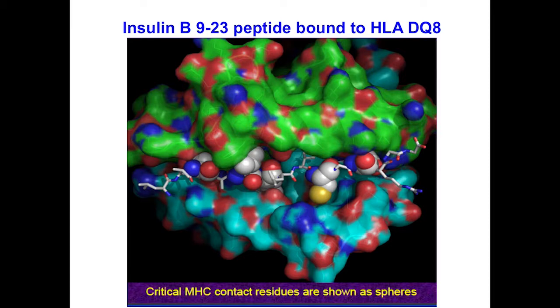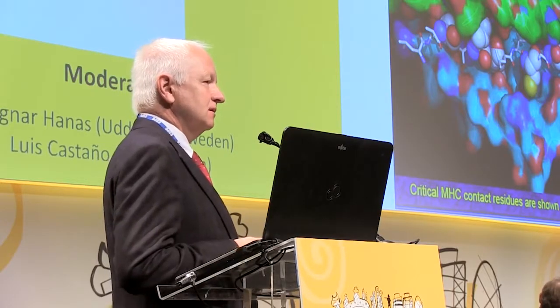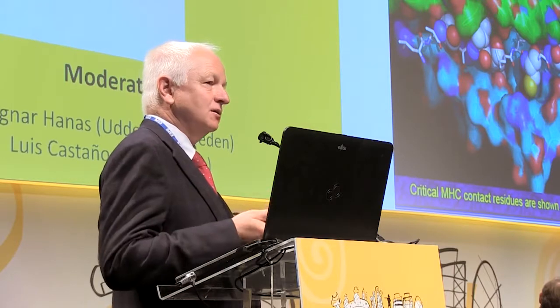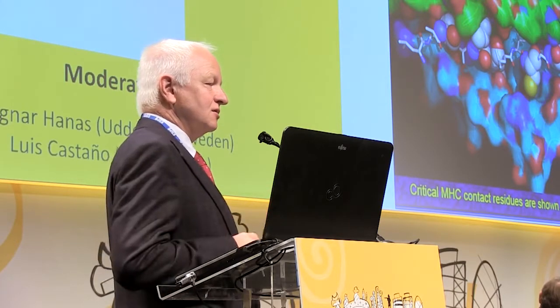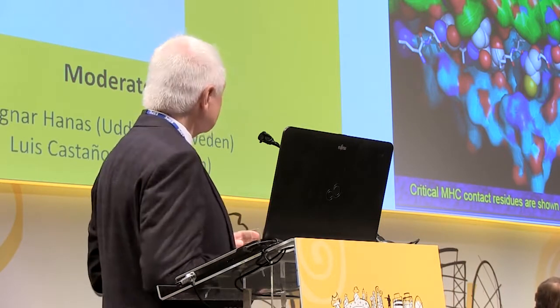This is DQ8. And here it's caught in the act of presenting a piece of insulin, a classical autoimmune peptide including amino acids 9 to 23 from the B chain. Now, in many experiments, this phenomenon has led to autoimmune destruction of islet cells in animal models.